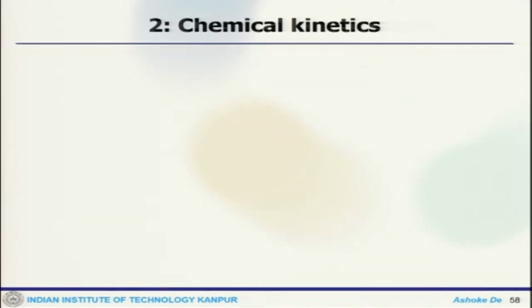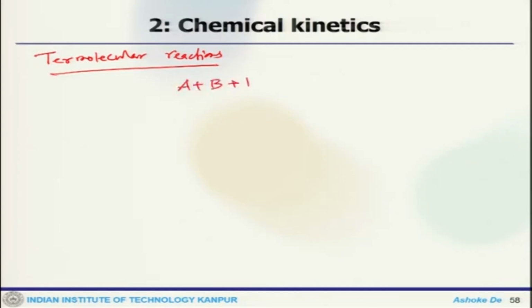Now, the last one is the trimolecular system. So, what happens to the trimolecular system? We have taken an example A plus B plus M going to C plus M, which we have previously defined.